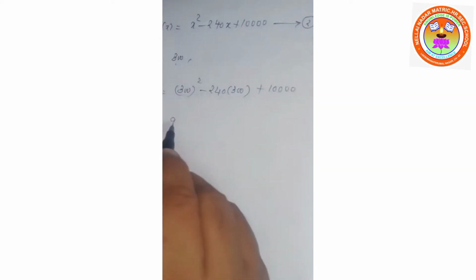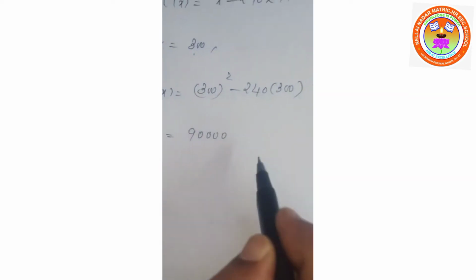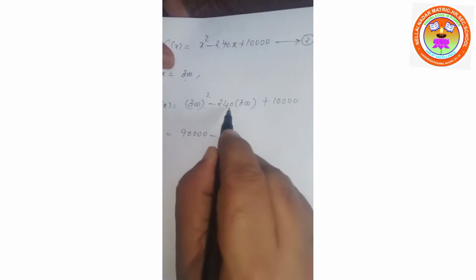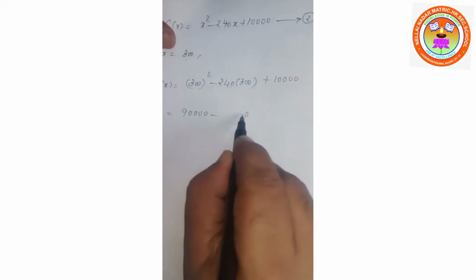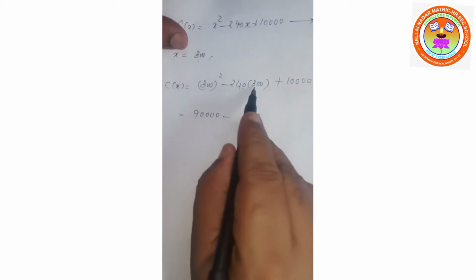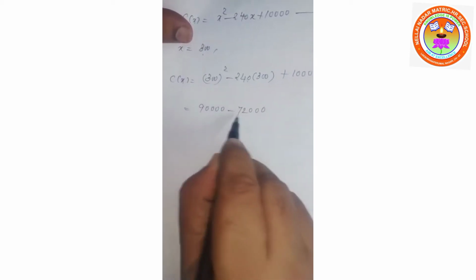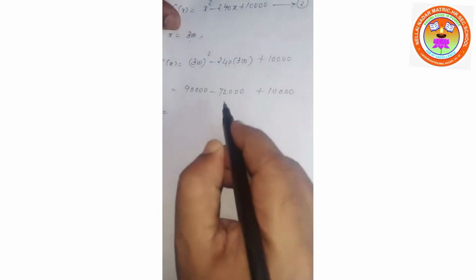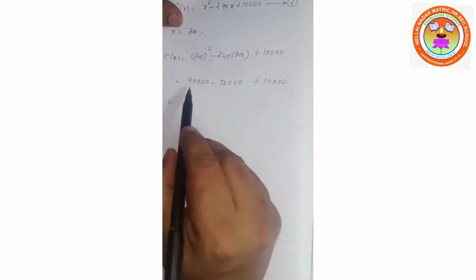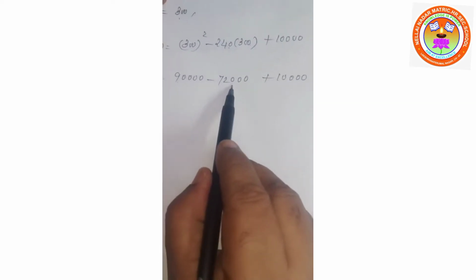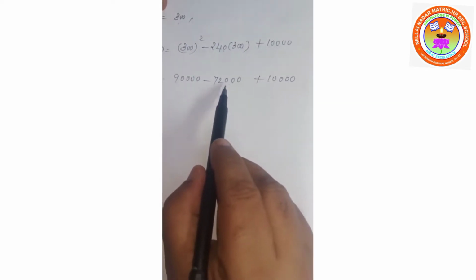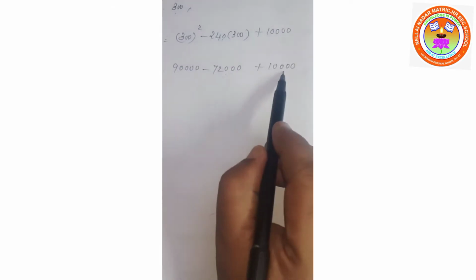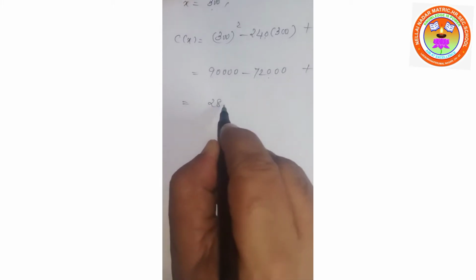300 square that is equal to 90,000 minus here 0, here double 0, totally triple 0. 24 into 3 that is 72. So 72,000 plus 10,000 equals 90,000 minus 72,000 that is equal to 18,000. 18,000 plus 10,000 equals 28,000.